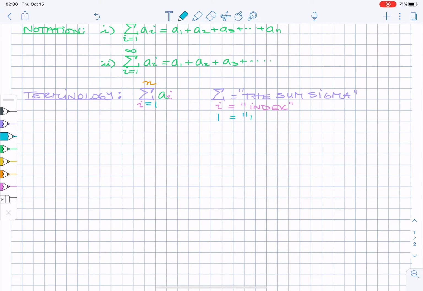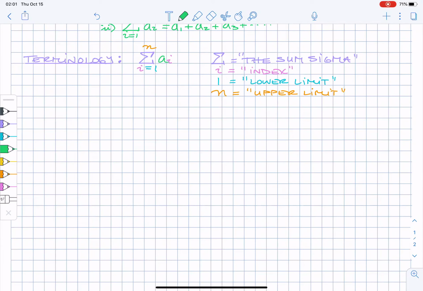So this is the lower limit from where we start, to n, which is the upper limit. And then I'll say of the sequence a sub i.